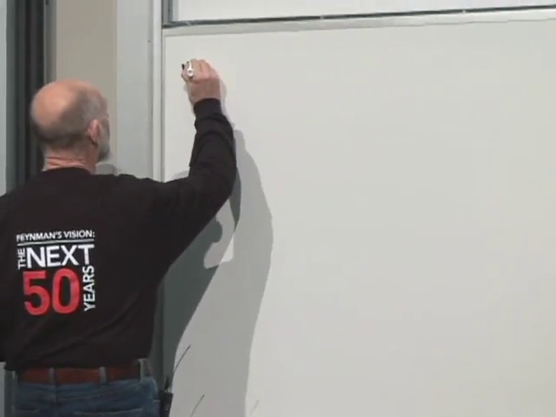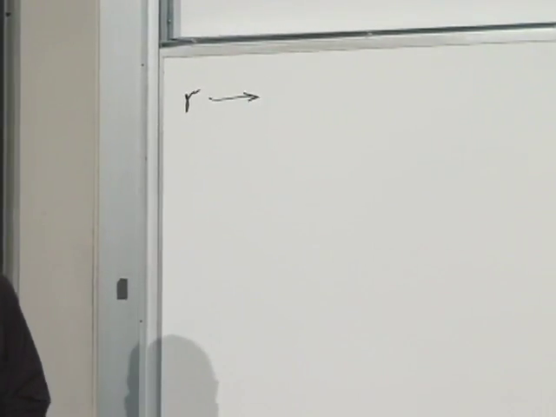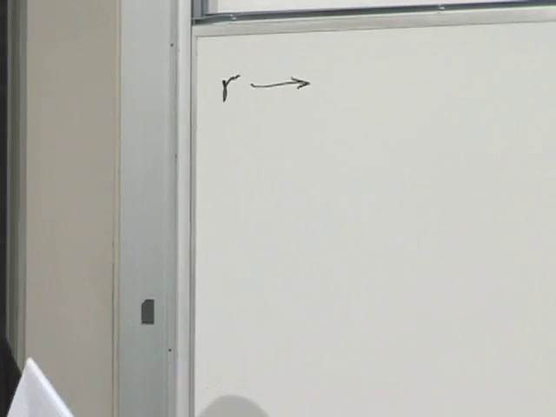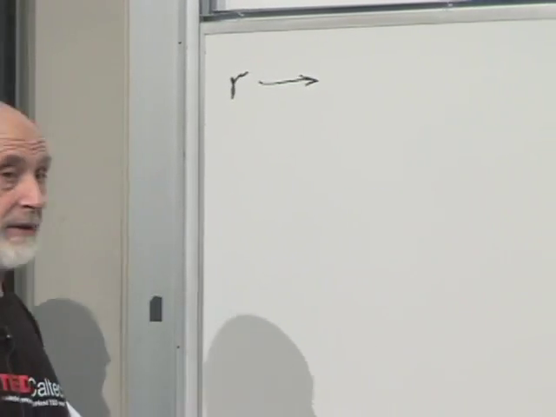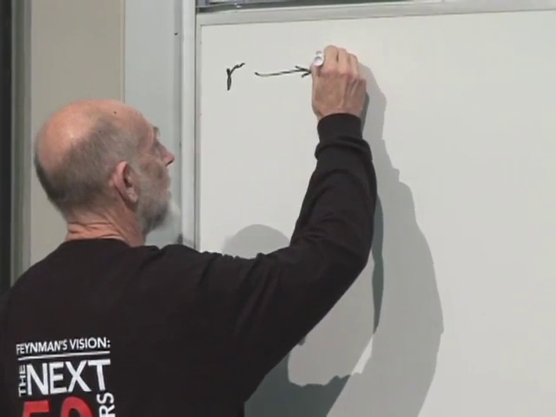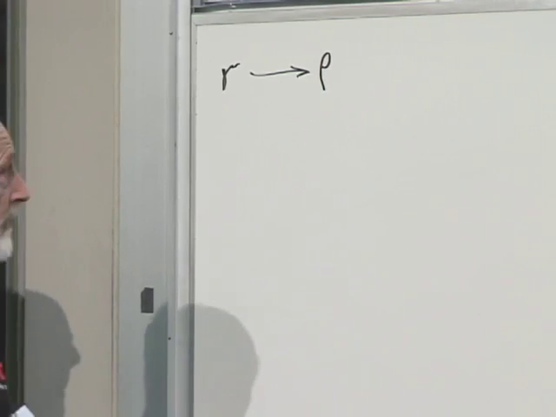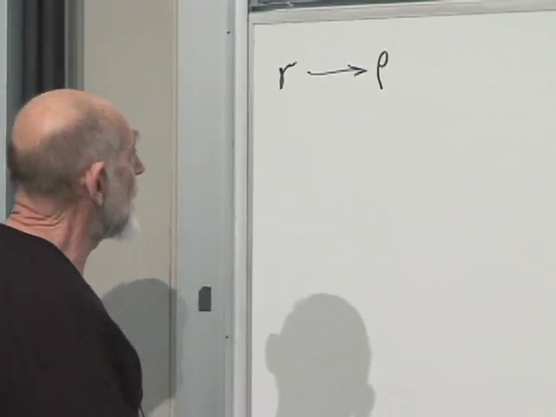Instead of the Schwarzschild coordinate r that goes into the Schwarzschild metric in the usual way, we replaced it by another variable, which was actually the proper distance from the horizon. r is not the proper distance from the horizon, but rho is. That's the definition of rho, proper distance from the horizon.